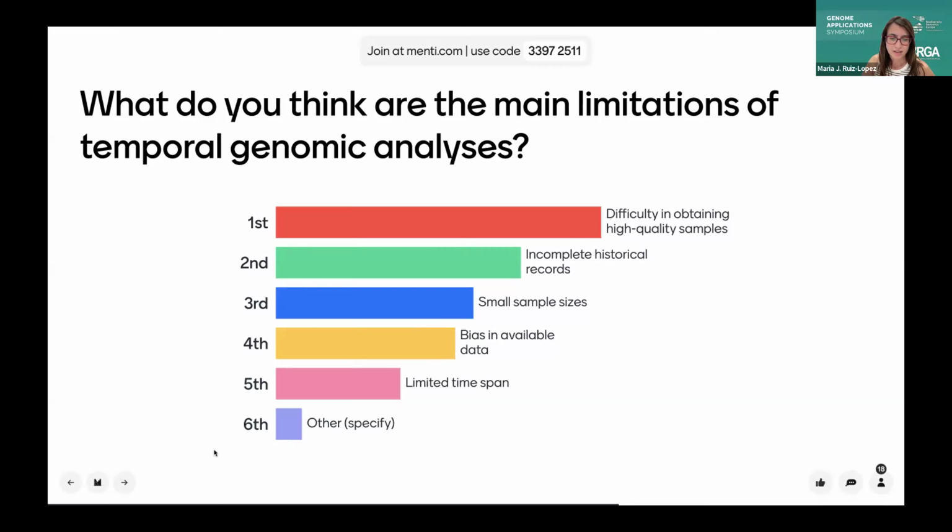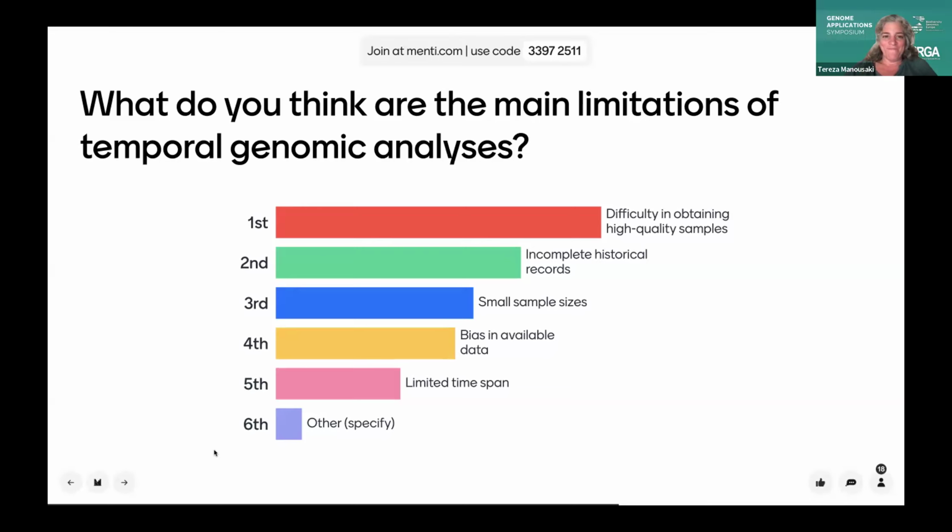Small sample sizes, biased and available data, and limited time span follow a little bit behind, but the major limitation seems to be adapting our protocols to working with samples that are not as good as we would hope. Yeah, I can imagine how difficult it is to find something that really works as is on your samples.